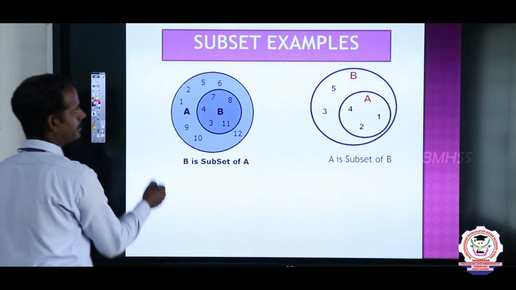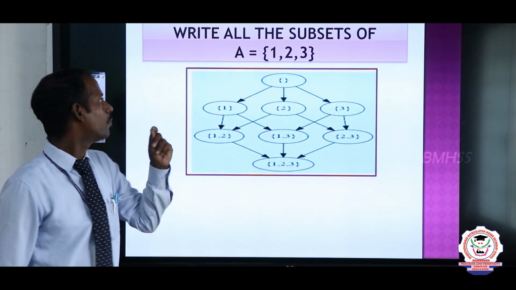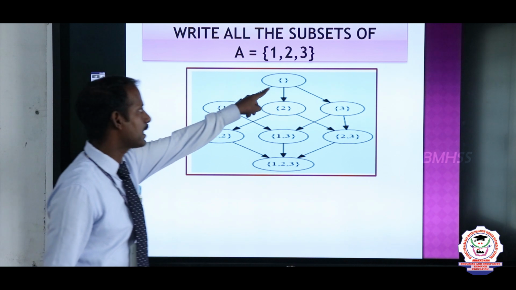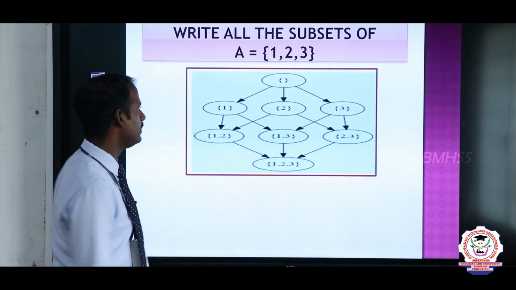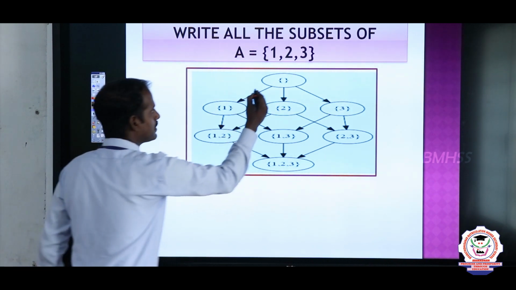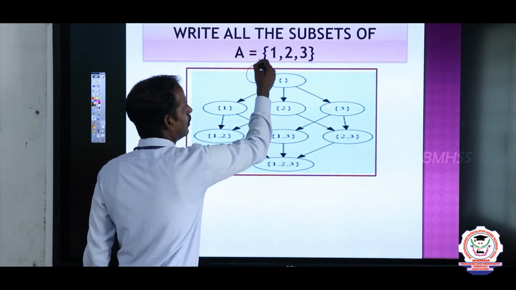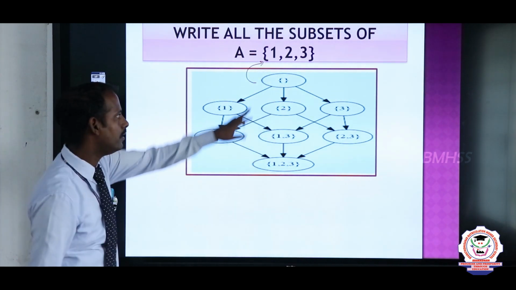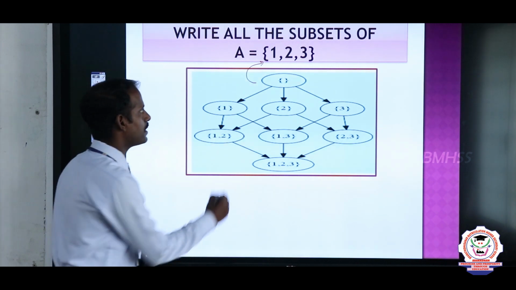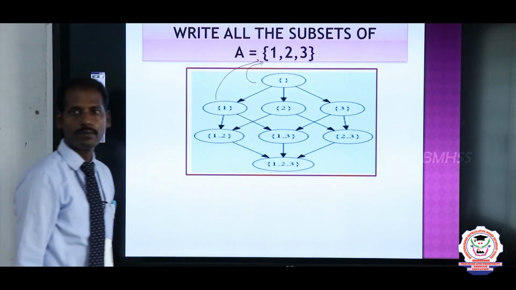Next, write all the subsets of A = {1, 2, 3}. The first is the null set. This is the first possibility: the null set is a subset of {1, 2, 3}. Another possibility, {1} is a subset of {1, 2, 3}.